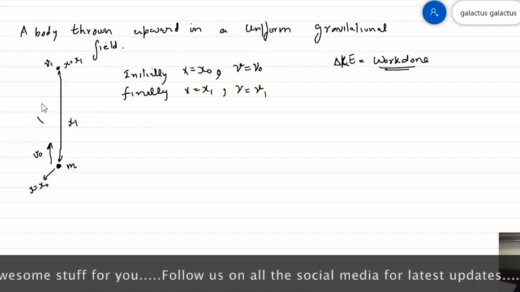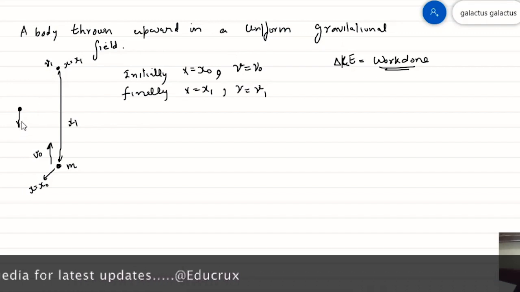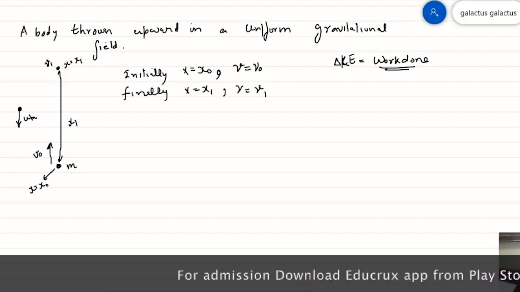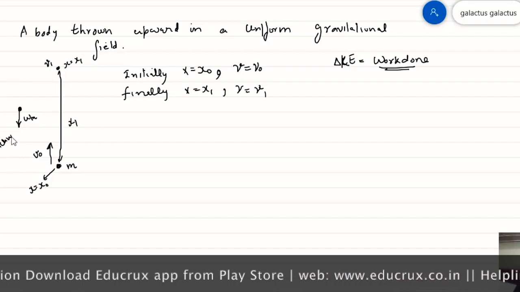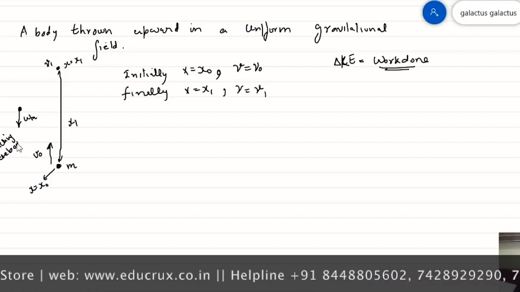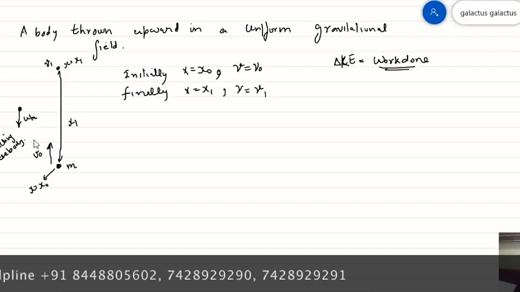The only force acting on the body is in the downward direction, that is the weight of the body, mg. So there is only one force acting on the body, the weight of the body.